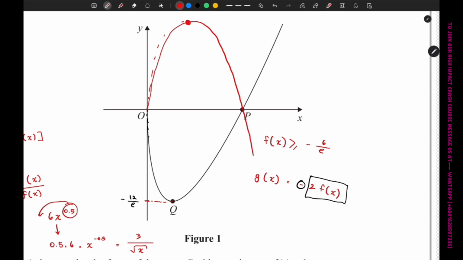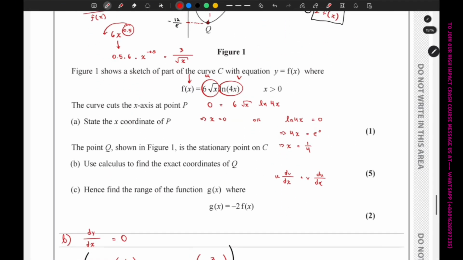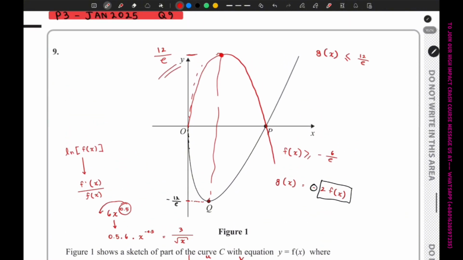So the new coordinate of Q will be 12 over e. Since the new graph looks like this, we can say that the range of g(x) will be less than or equal to 12 over e, because there are no values above 12 over e. So this is the answer for this question, and I'll see you guys in the next question.